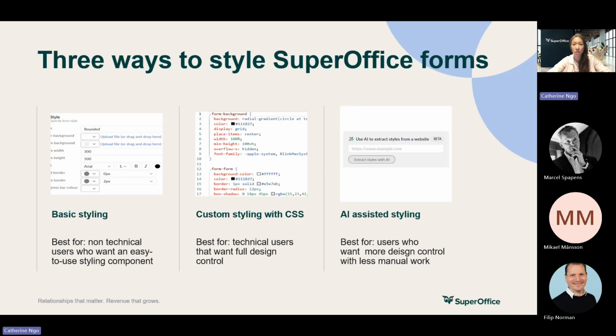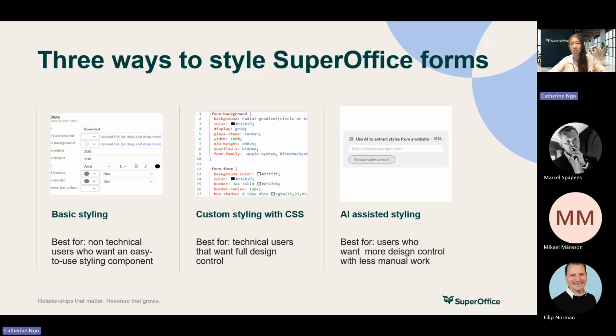And then we've been working on making form styling more flexible. So now there's 3 ways that you can style your SuperOffice forms. So you have the first one, which is basic styling, and this is best for the users that are non-technical and that want an easy-to-use styling component.